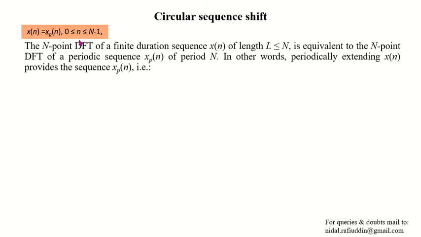So, the circular sequence shift. Suppose that we are given the relations from the previous slide, where we talked about the relation between the Fourier transform, the Fourier series, and the discrete Fourier transform. We saw there that x(n) is equal to a periodic signal xp(n) for this particular range, and from this we have the N-point DFT of a finite duration sequence x(n) of length L less than or equal to N. So suppose that we are given a signal x(n) which has duration less than or equal to N points.